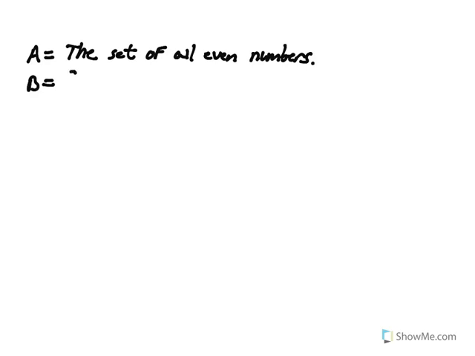So we're going to call set A the set of all even numbers, and B is going to be 2, 4, and 6. C is going to equal these elements, 2, 3, 4, and 6.